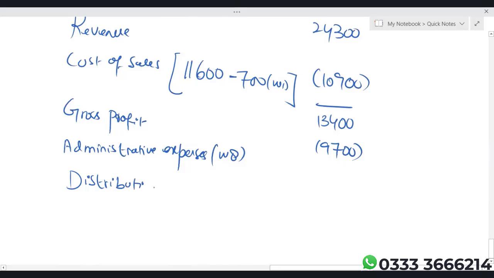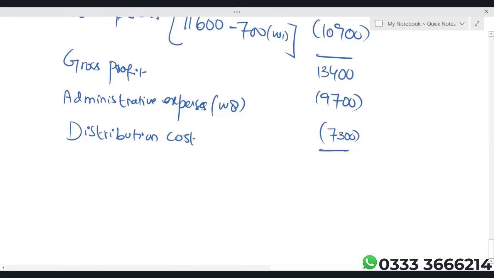So 13,400 minus the administrative expense minus the distribution cost gives us loss from operations. Loss from operations is 3,600.